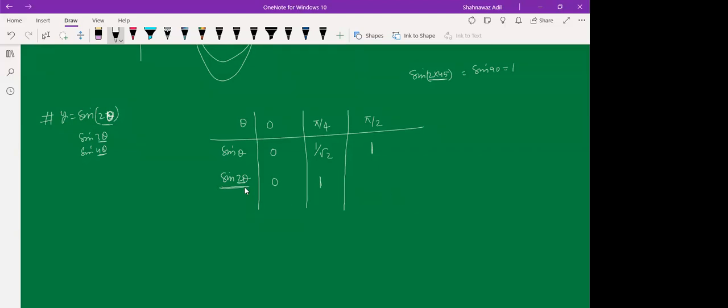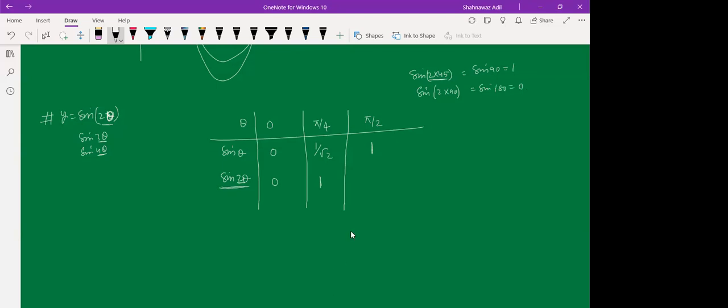But what would be the value of sine 2 theta there? This would be sine 2 into 90, sine 180. This is becoming 0, right?